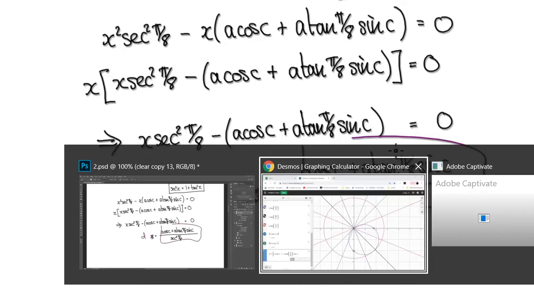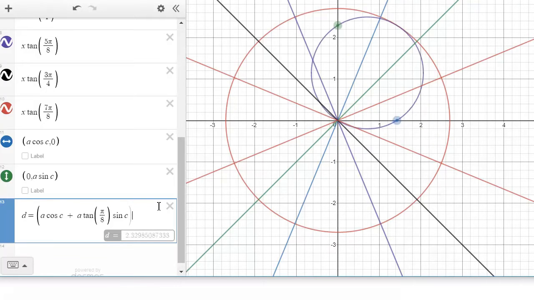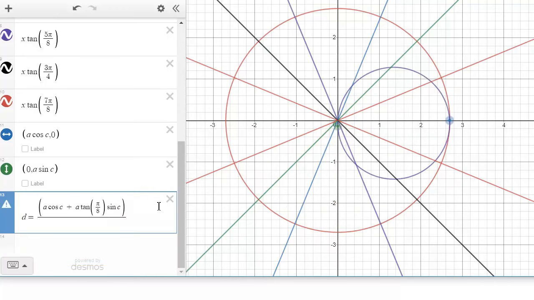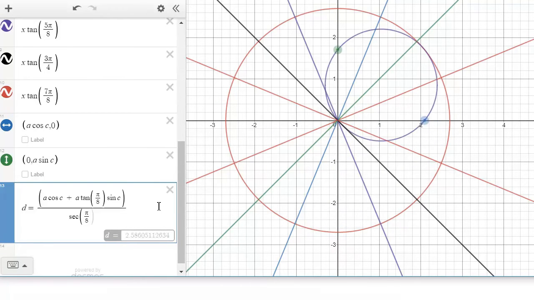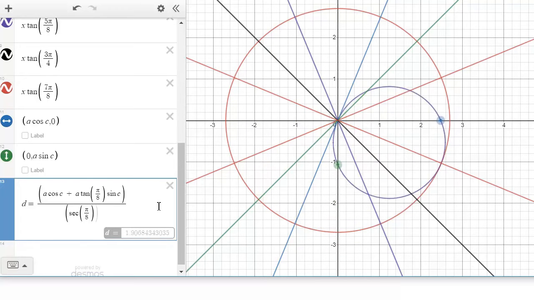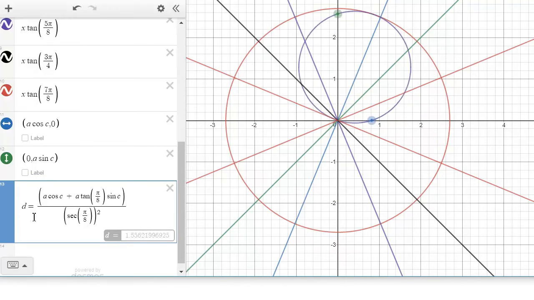Let's check. a tan pi over 8 sine c, everything divided by secant squared of pi divided by 8, and then everything squared.